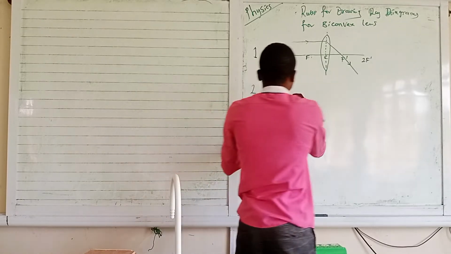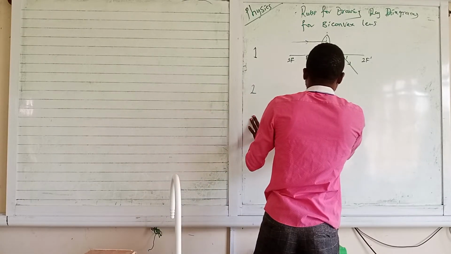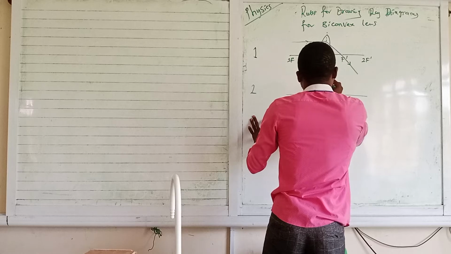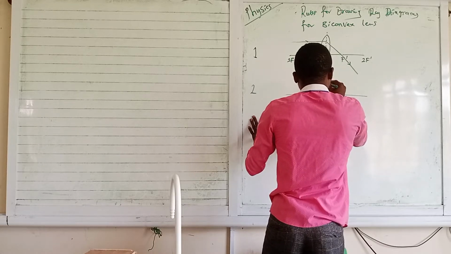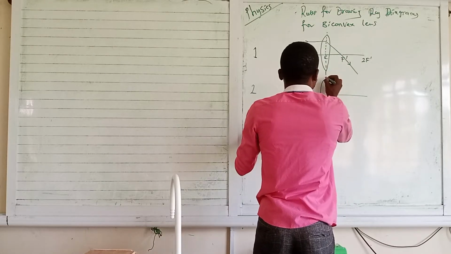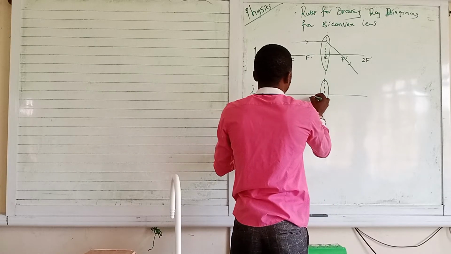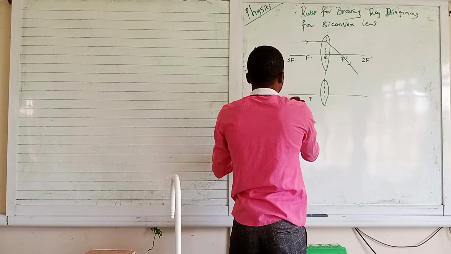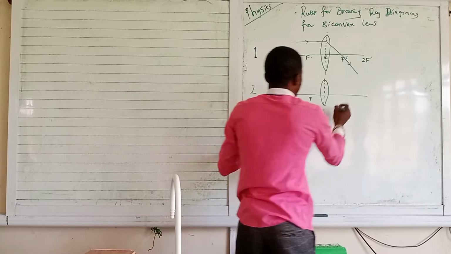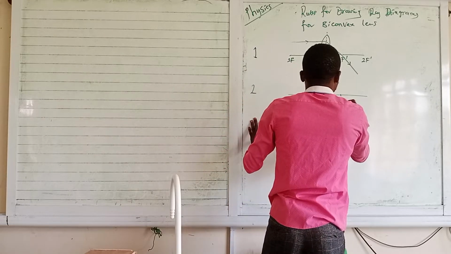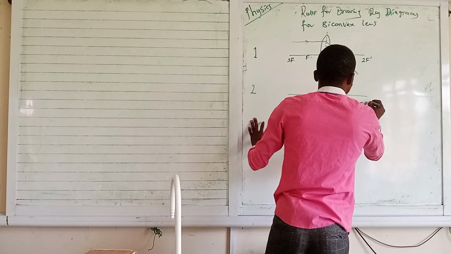Rule number two. This is my convex lens again. And here I choose to be my F, and here my 2F. And here my F prime, my 2F prime.